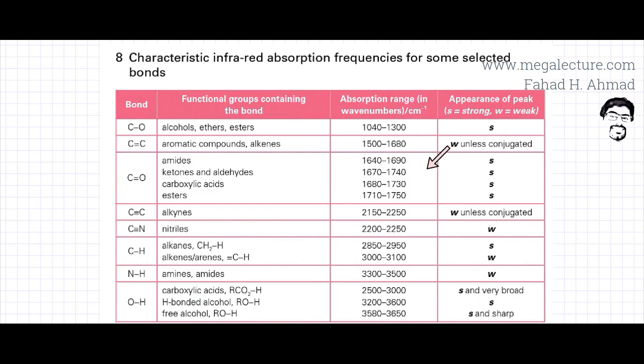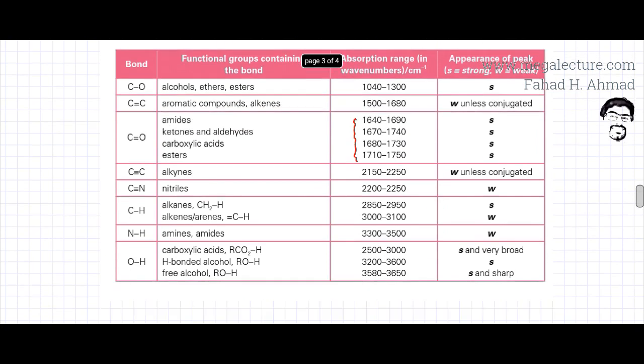We had a strong absorption at around 1700, and you would notice that there's a very unique absorption of this particular bond, C double bond O, at around 1700. I'm not really sure which C double bond O we're talking about, whether it's amides or ketones or carboxylic acids or esters, because they all have overlapping ranges, but there's a strong absorption at 1700 for C double bond O.